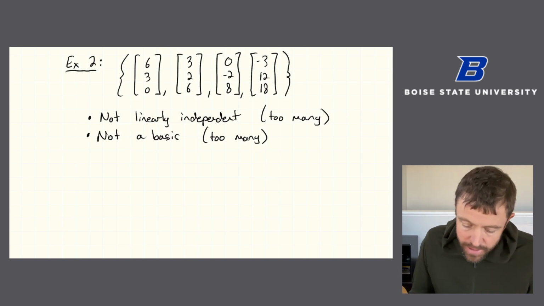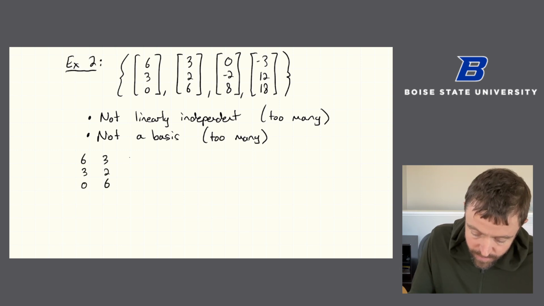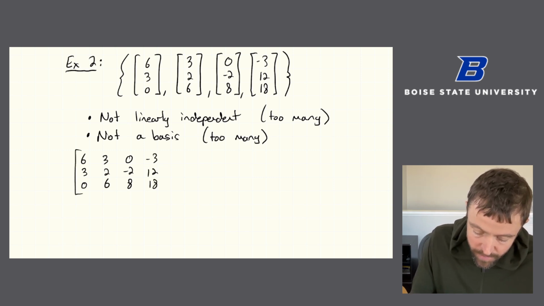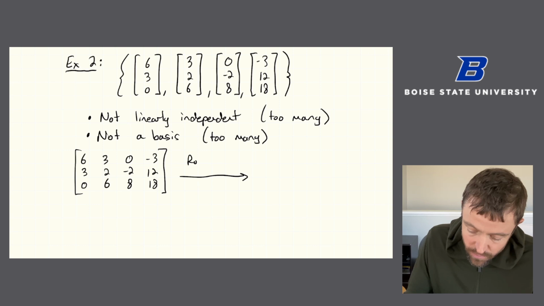Okay, so we're going to put these vectors as the columns of a matrix. And we are going to convert this matrix into echelon form of some sort. It could be reduced row echelon form. So we'll have a series of row operations.